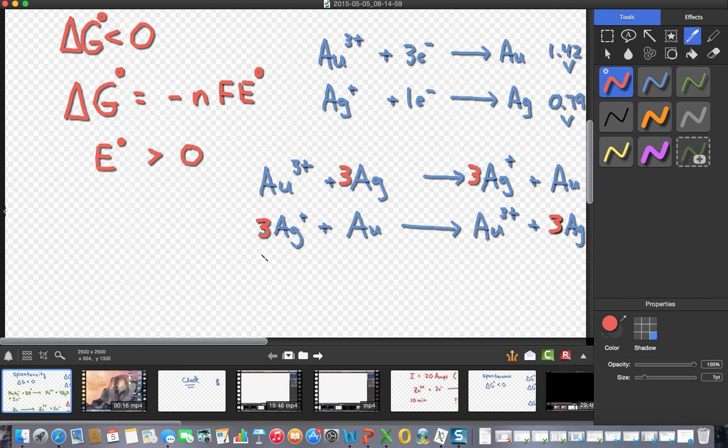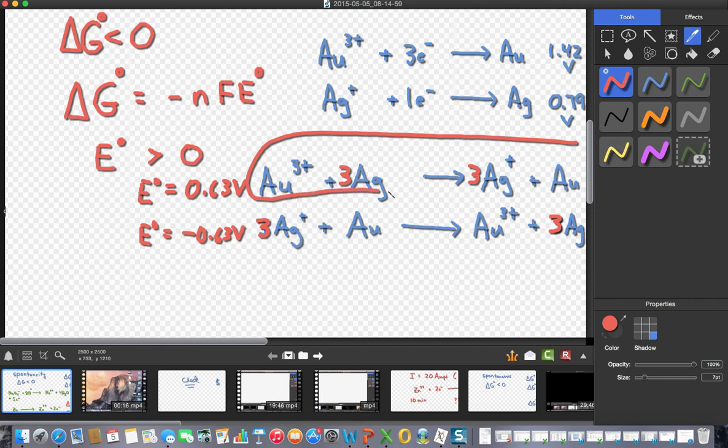Simply what you want to do, for the first reaction, we would want to keep the first potential the way that it is, but we would want to flip the second one, which is going to flip the sign. So in this case, we're going to get an electrical potential that is going to be equal to 0.63 volts. So on the bottom reaction, you'll get an electrical potential of negative 0.63 volts. We want to choose the positive one, therefore the top equation will be the spontaneous reaction.